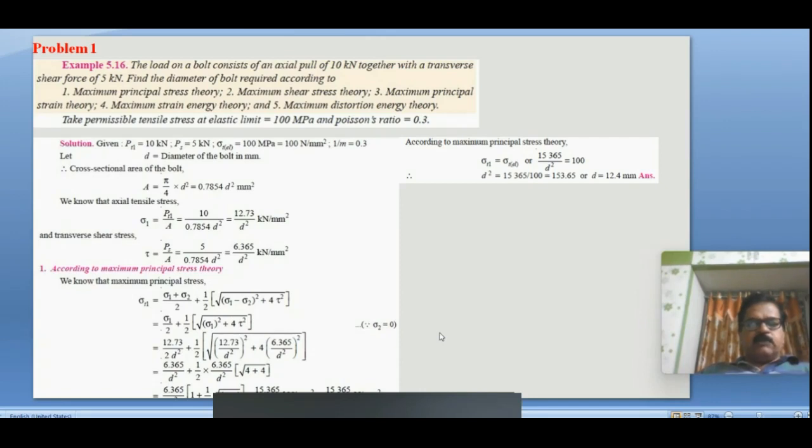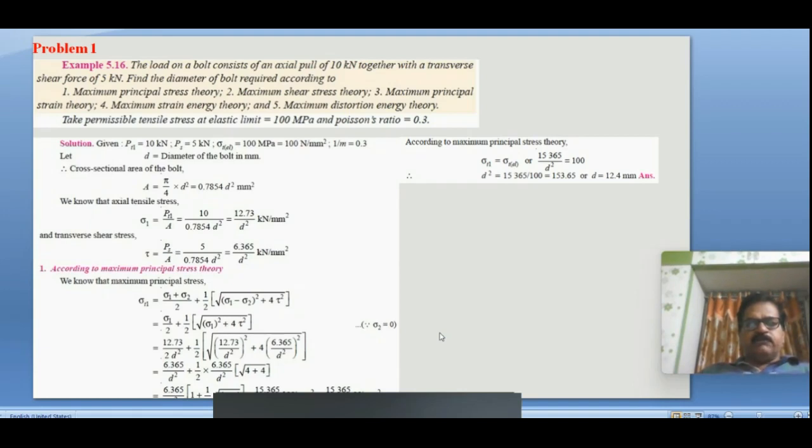Now, according to maximum principal stress theory, the major principal stress is equal to the failure value of the member with the given factor of safety. In this case, there is no factor of safety given, so we directly take the major principal stress equal to the failure value of the member.